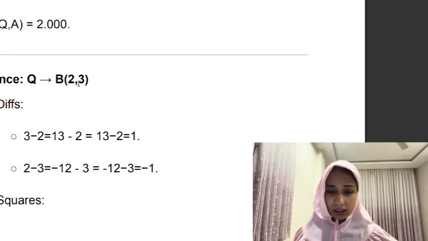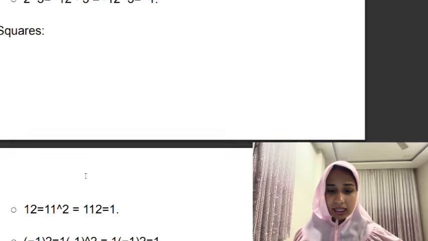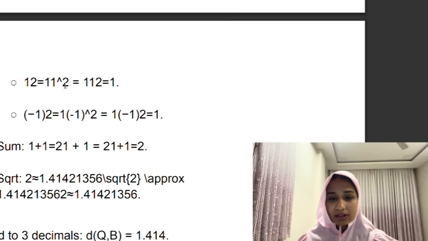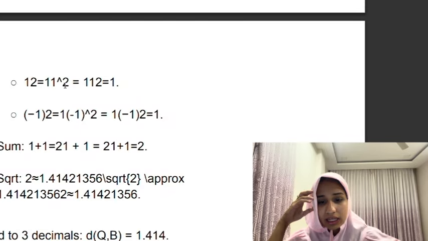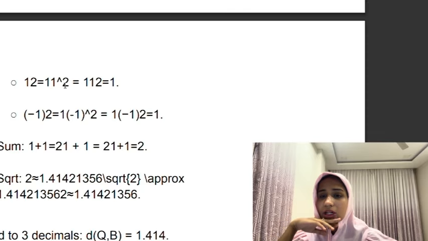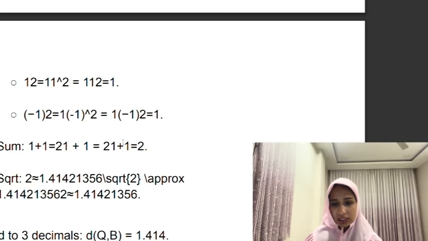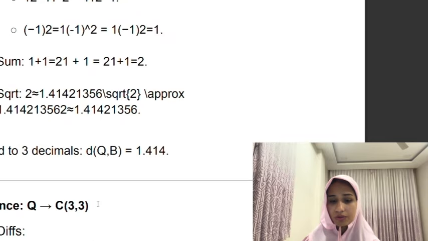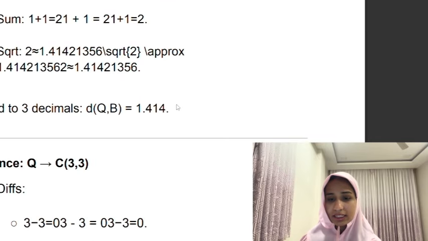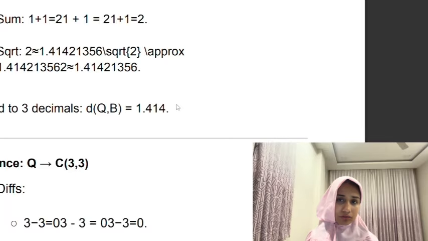Similarly for B (2, 3): 3 minus 2 is 1, and 2 minus 3 is minus 1. The squares are 1 and 1, so 1 plus 1 is 2, and the square root of 2 is approximately 1.41. Rounded to 3 decimal places, 1.414.